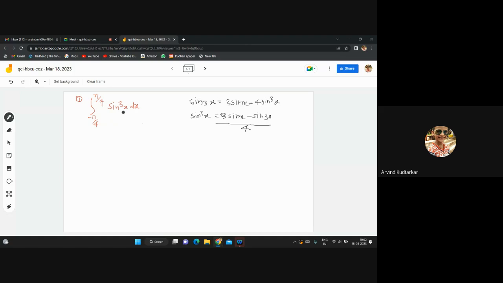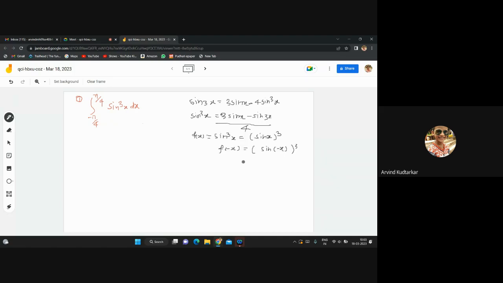So f of x is equals to sin cube x. It is also written as sin x whole cube. असं लिहितो आपण, लक्षात घ्या. मग f of minus x आपण कसं लिहाल? So f of minus x is sin of minus x whole cube.